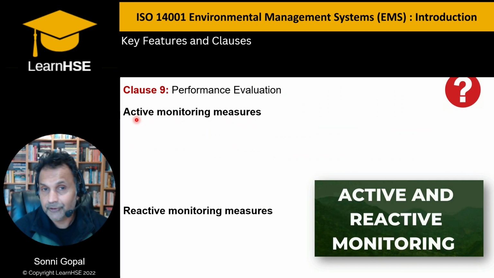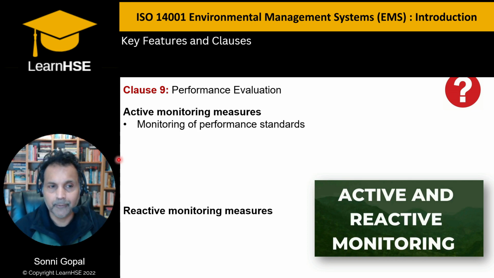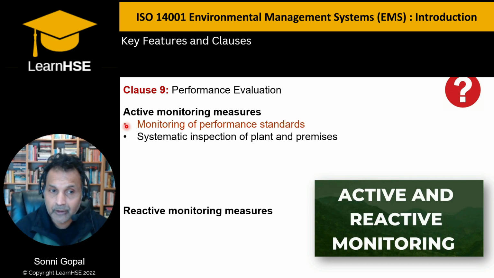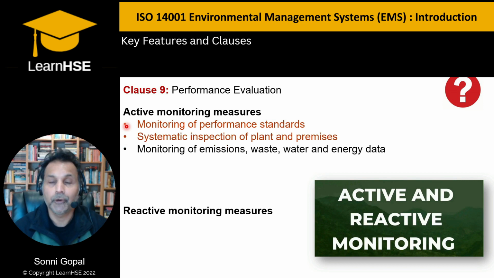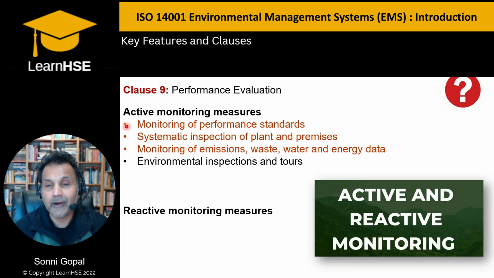Clause 9, we can consider 2 types of monitoring measures. They could be active monitoring measures or reactive monitoring measures. What do we mean by that? Well, active monitoring measures is the monitoring of performance standards, for example, systematic inspection of plant and premises, monitoring of emissions, waste, water and energy data, and environmental inspections and any tools.